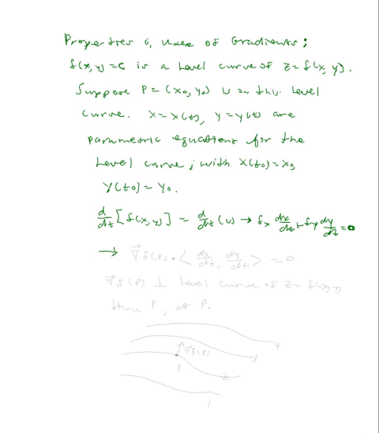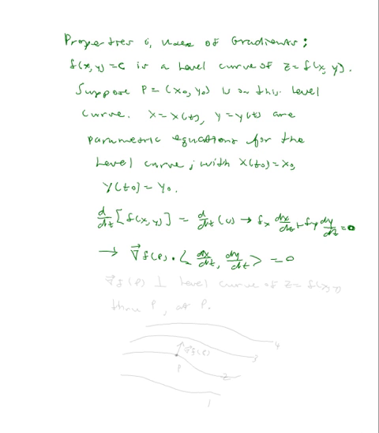But written as a dot product, this says that del f at P dotted with this vector that has components dx/dt and dy/dt at t sub 0 is equal to 0. That dot product is equal to 0.